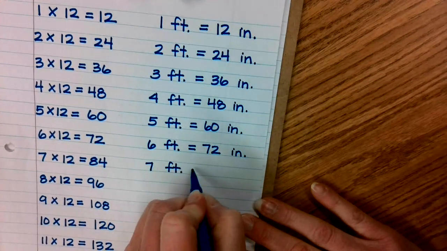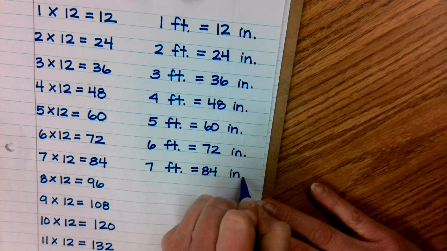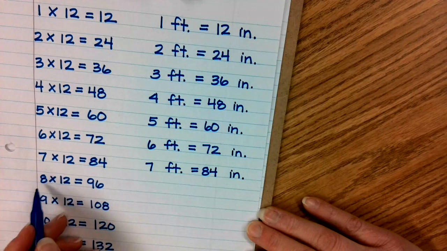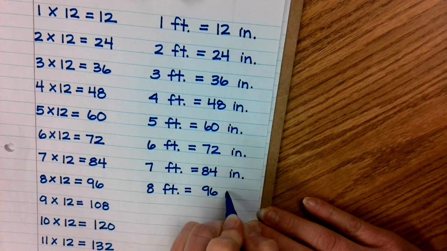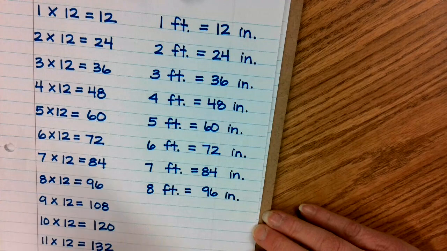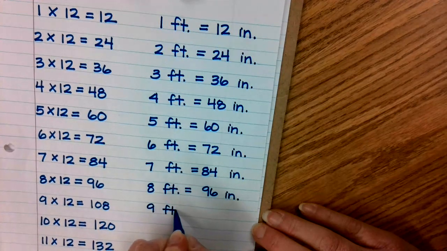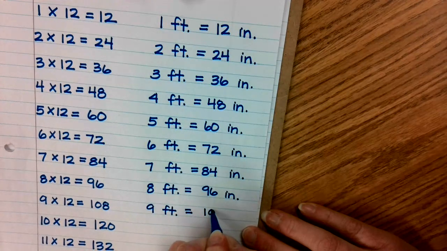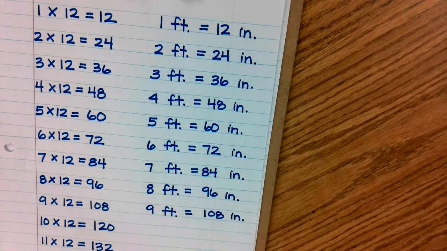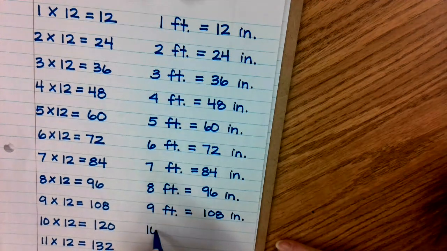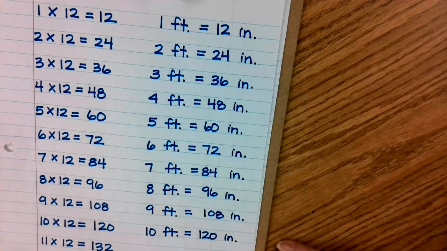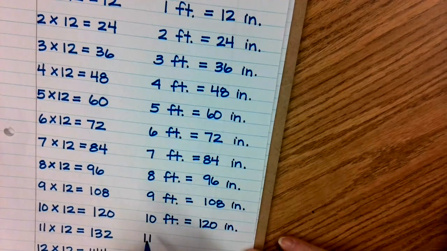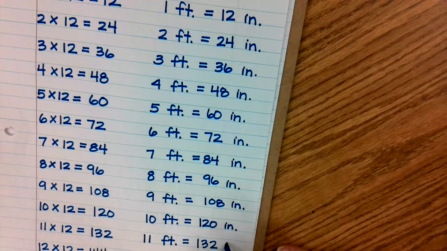7 feet is equal to 84 inches. 8 feet is equal to 96 inches. 9 feet is equal to 108 inches. 10 feet is equal to 120 inches. 11 feet are equal to 132 inches.